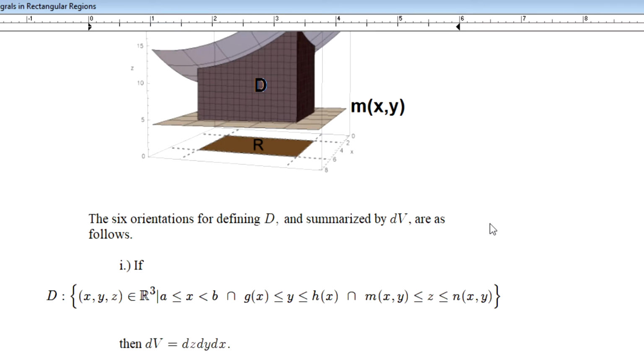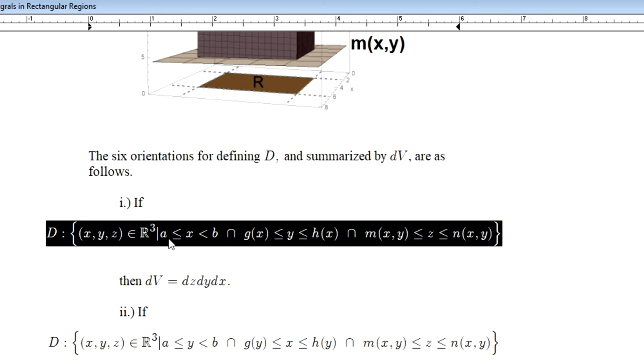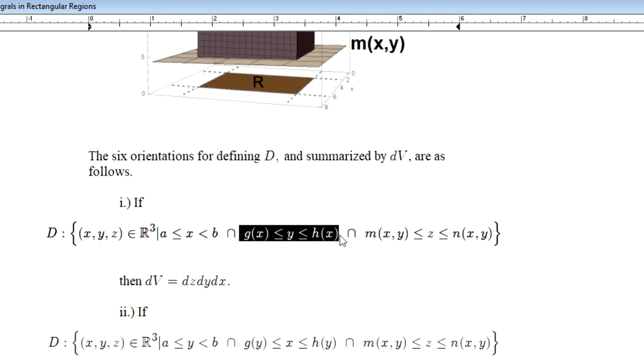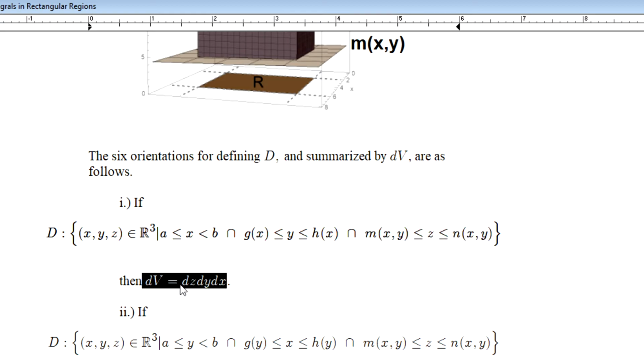Here's the first case. This is what we see in the theorem. If region D is defined as this space, x between a and b, y between functions of x, g of x and h of x, z between these multivariable functions m of xy and n of xy, then dv is summarized as this, dz dy dx in our order of integration.